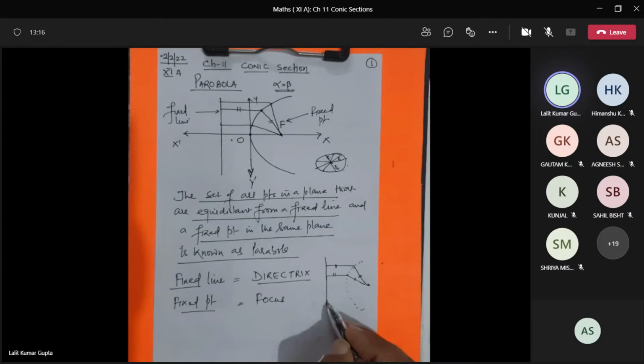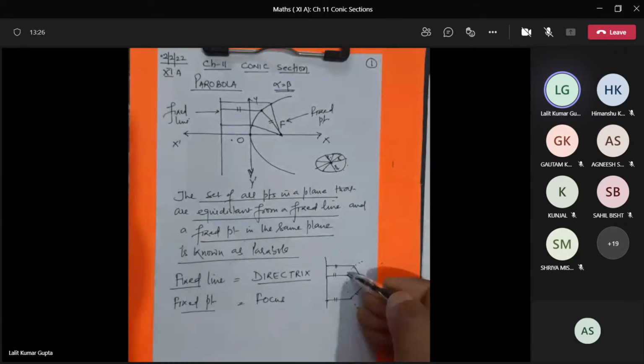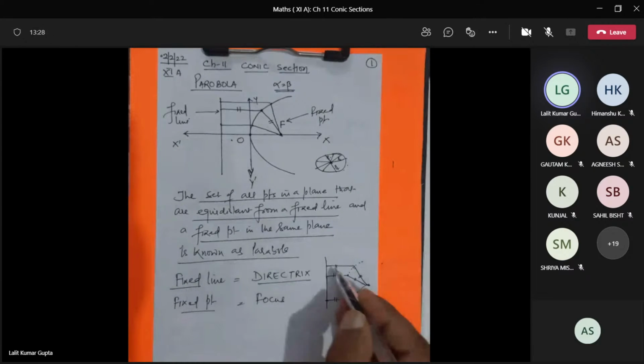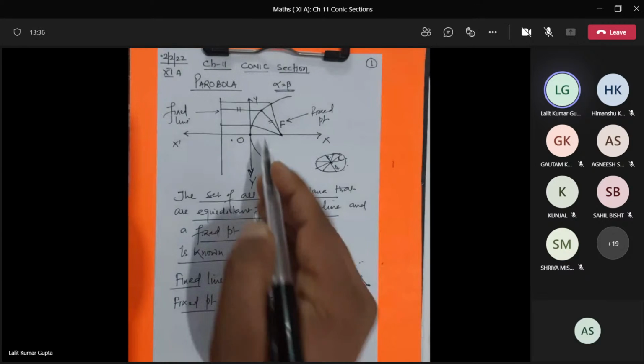If we take this point, the distance from the fixed line and this are the same. We are saying this is the definition of parabola. जब मैं ऐसे set of points को collect कर लूंगा which are equidistant from the fixed line and a fixed point, the shape by joining all those set of points is known as parabola.